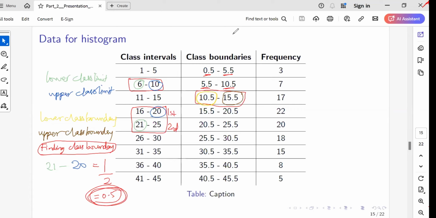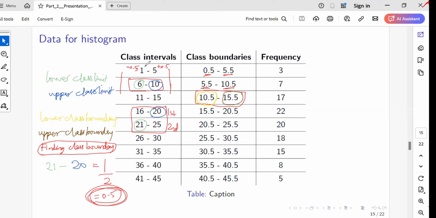I mentioned that to draw the histogram, you need frequencies and class boundaries. Let me just indicate this here: subtract 0.5, add 0.5, and it runs down for all the others.